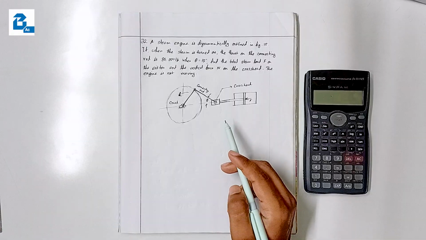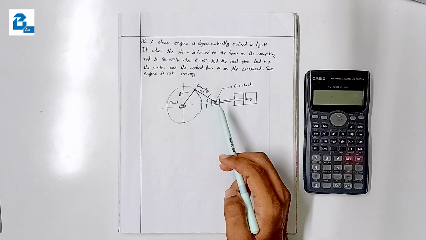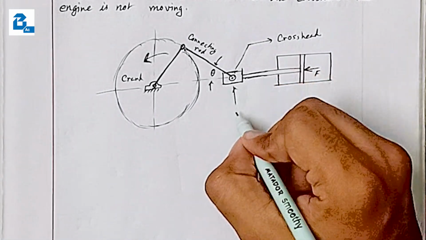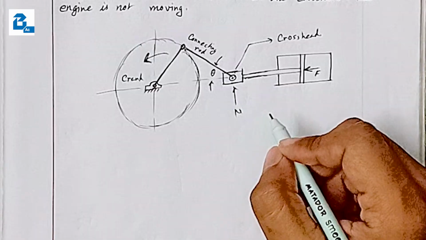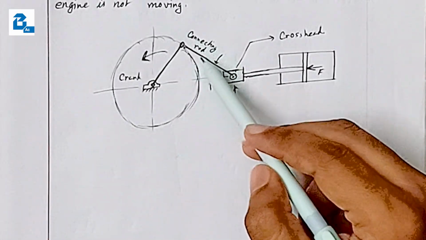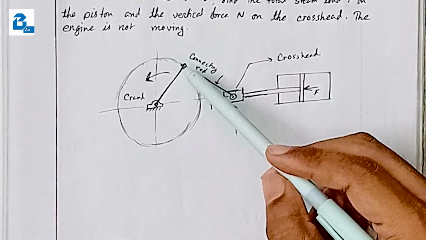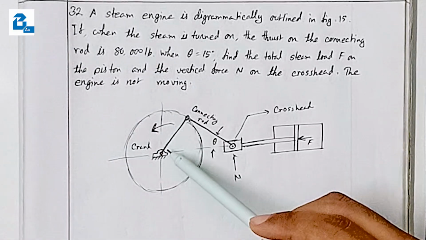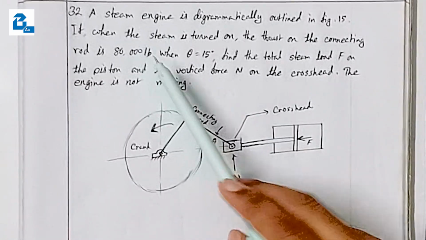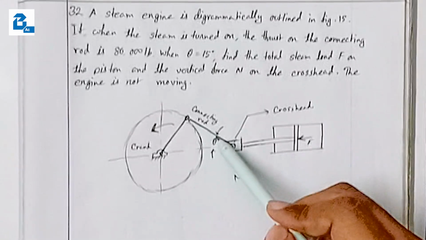To solve this problem, first we will have to find out where all these forces are acting. We can see that all the forces are acting on the crosshead. And the question states that the connecting rod is pushed back to the anti-clockwise rotation with the force of 80,000 pound at a theta degree angle with the horizontal axis.